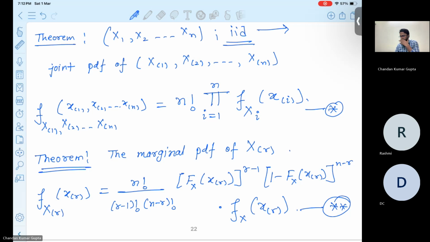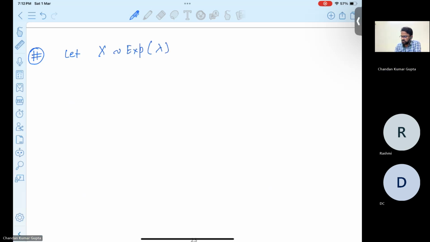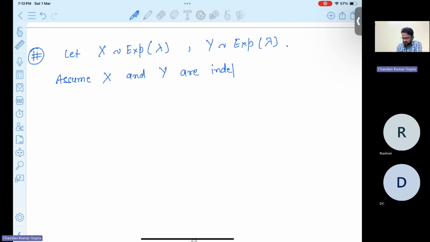Now we have one example here. Suppose X follows an exponential distribution with parameter mu, and Y also follows an exponential distribution. Also assume X and Y are independent.